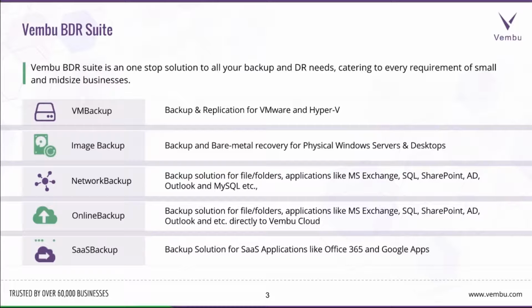It has a group of products bundled together: Vembu VMBackup for the backup and replication of VMware and HyperV, Vembu Image Backup for backup and bare metal recovery for physical Windows servers and desktops, Vembu Network Backup that helps you do granular file and folder level backups and back up applications like MS Exchange, SQL, SharePoint, Active Directory, Outlook, MySQL, etc. And Vembu Online Backup is a purely cloud-based solution where you can directly back up the data to our cloud, Vembu Cloud. And Vembu SaaS Backup is a backup solution for SaaS applications like Office 365 and Google Apps.